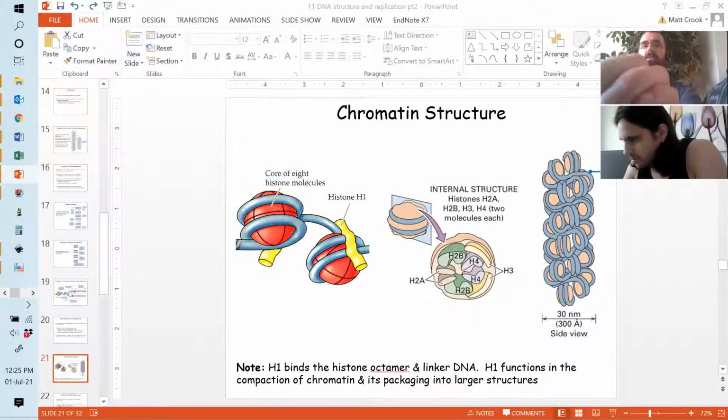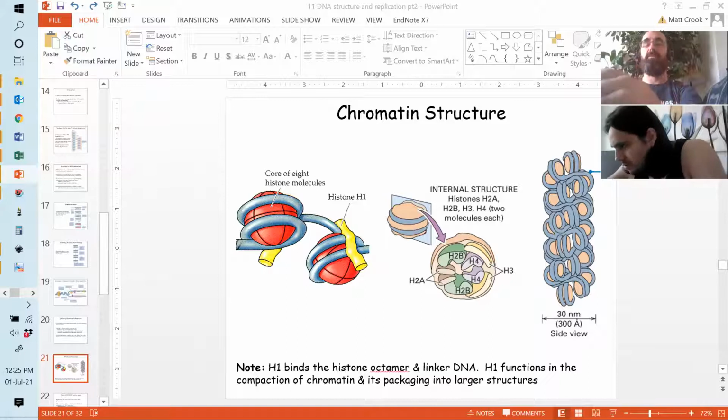And a nucleosome sometimes equals a core particle. This is where we get a little bit fluffy in terms of language.